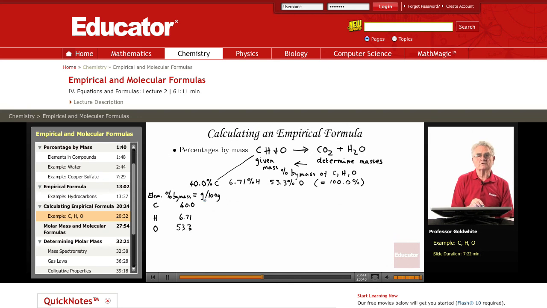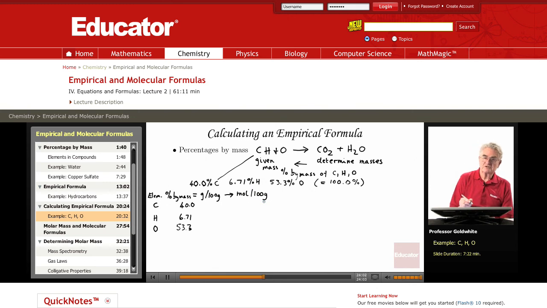We then turn these grams per 100 grams into moles of each element per 100 grams of the original compound.